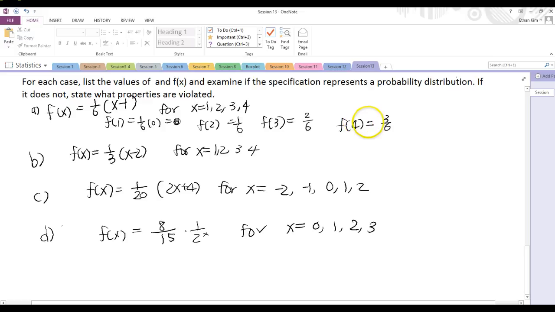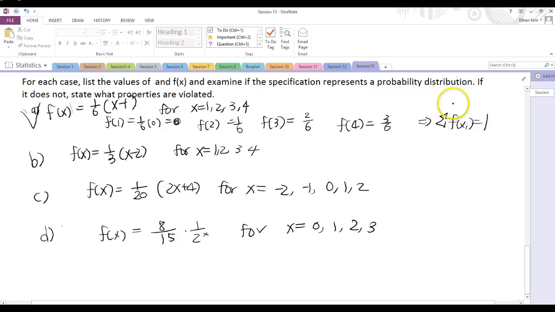Right? So if we add them up, the sum of all f(xi)'s is 1. So it is a probability density function, right? So this is what you are supposed to do.